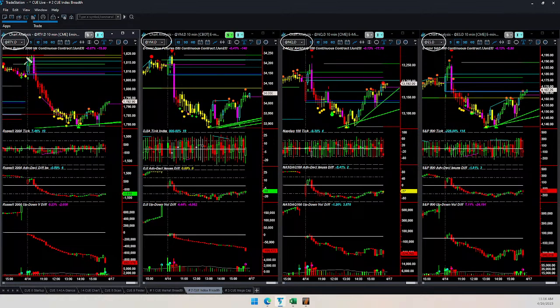Their candle charts are there using 10-minute interval in the afternoon session and 5-minute interval in the morning session. But on top of that, what is important, why it is called breadth chart, is because it has many internal studies. The tick, then advanced decline and up down volume.